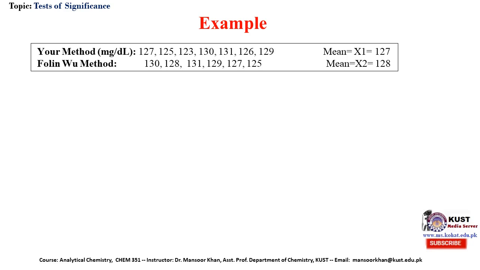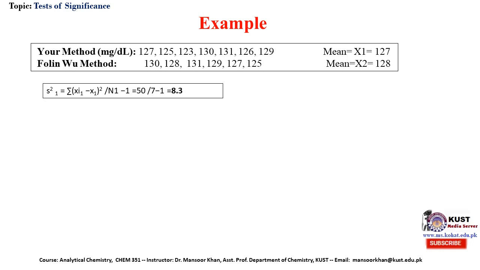The Falun Wu method gives results 130, 128, 139, 129, 127, 125, and the mean of the results is x2, which is equal to 128.